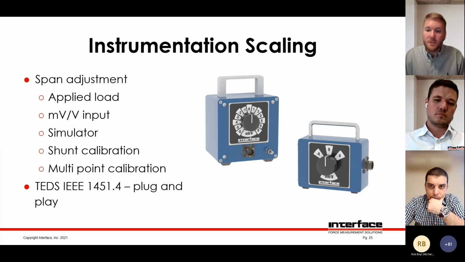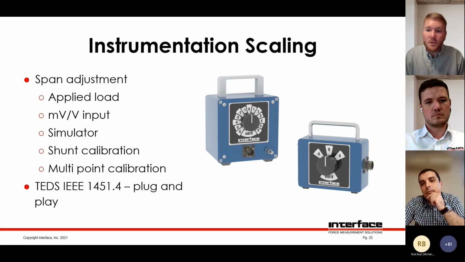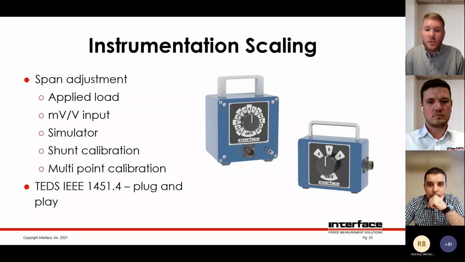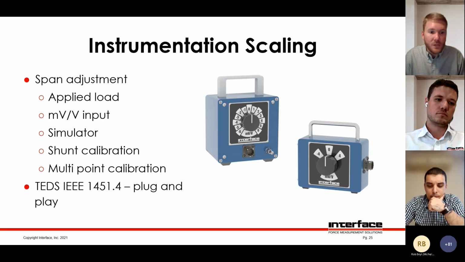If you dial up a specific millivolt per volt and say it is equal to 100 pounds, for example. Shunt calibration is similar to using a load cell simulator. The shunt resistor can induce an output signal that can be used to scale your instrument. If you have a non-linear system, you can use the instrument to apply linearization to the data using multi-point calibration.